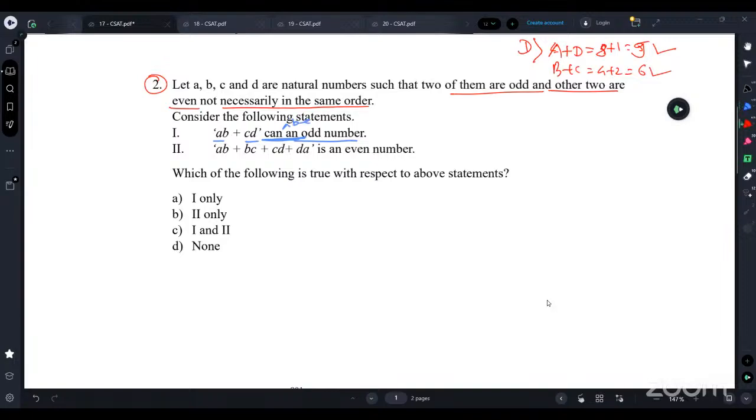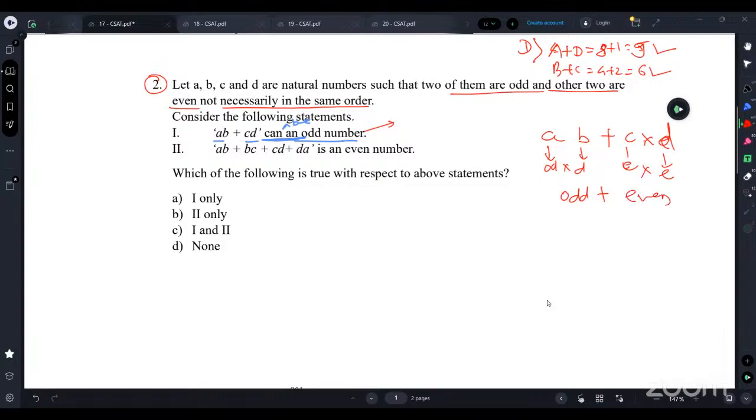So what we have to think about in this statement is possibility, right? Is it possible that AB plus CD can be an odd number? Now guys, how can we make this an odd number? Let's say, for example, I make A odd and B odd, plus C even and D even. So odd into odd is basically an odd number, plus even into even, which is an even number.